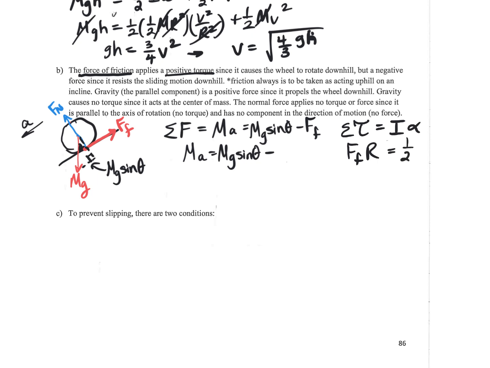I is 1/2 mr squared, and this is A over R, isn't it? The R's go away, right? So the force of friction is really 1/2 MA.